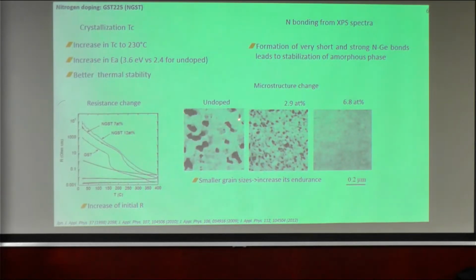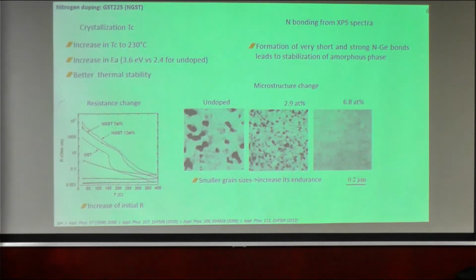Then the microstructure is also changing. If you introduce nitrogen as the dopant, then the grain size of the crystalline material reduces a lot, and so it also influences the endurance of your phase change devices.